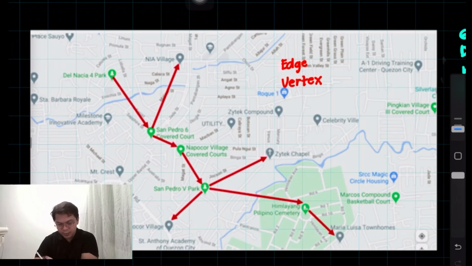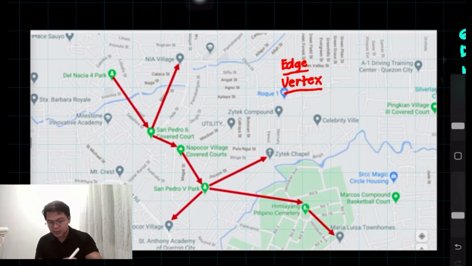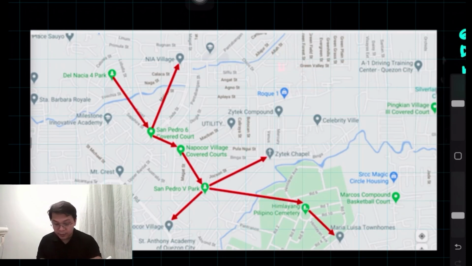Sometimes they are called nodes, but in this case, we're going to call them vertex or vertices. The arrows are also sometimes called links, but this time we're just going to call them edges. Simple as that. So remember these terms.